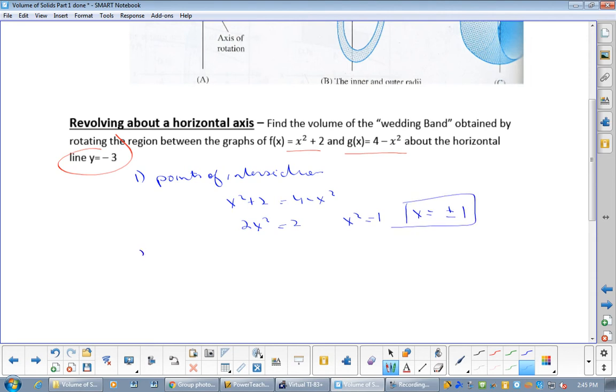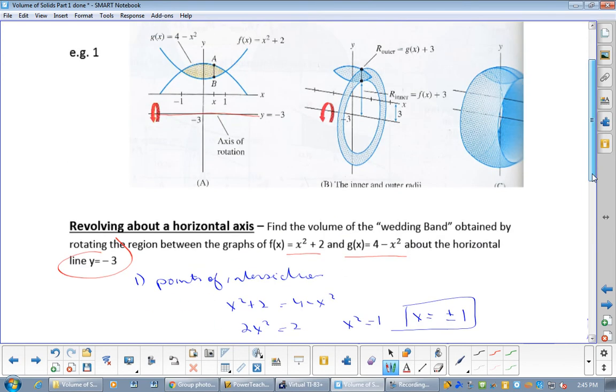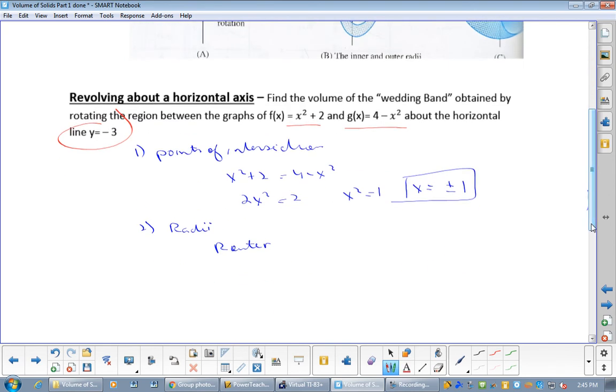Now, the second thing, let's find our radius, or radii, I should say, because we've got 2 radii. The first one, our outer, would be g of x minus what's beneath it. So I'm going to go g of x minus -3.